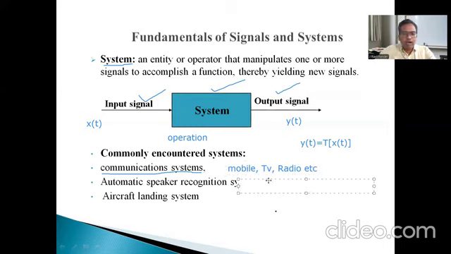Similarly, an automatic speaker recognition system is also one of the applications of AI, and it also comes under speech processing. Another one is the aircraft landing system. There we have navigation, we use GPS, and different devices which take input signals and are used to track the aircraft. That is also another example.